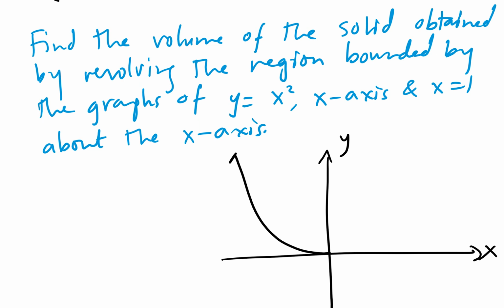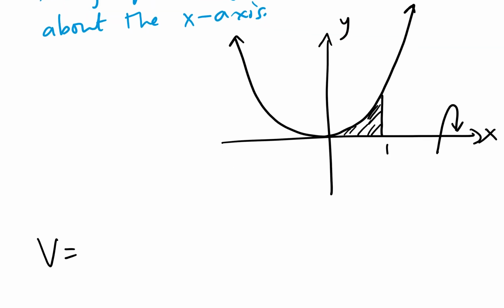Graphing-wise this should be very easy. Say x equals 1 here. This is the region, and I'm revolving about the x-axis. So in this case, the volume would be pi. Don't forget the pi. We draw a rectangle perpendicular to the axis of revolution, so there's a dx, right?